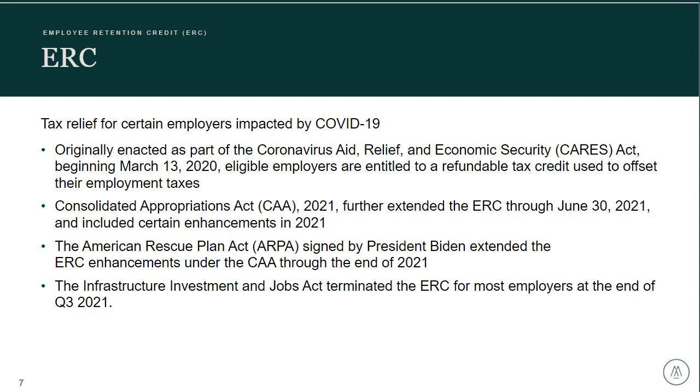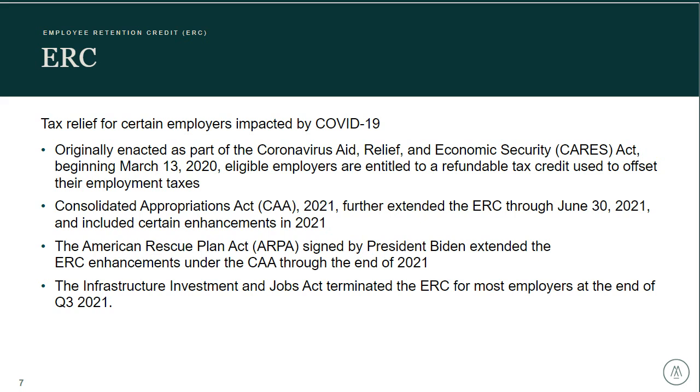And it was originally set to go through the end of 2020, 12/31/2020, but then the Consolidated Appropriations Act was passed. I believe that was at the very end, right around the holidays of 2020, that extended it through June 30th, 2021. And then later, the ARPA, American Rescue Plan Act, was passed, and that extended it again through the end of 2021.